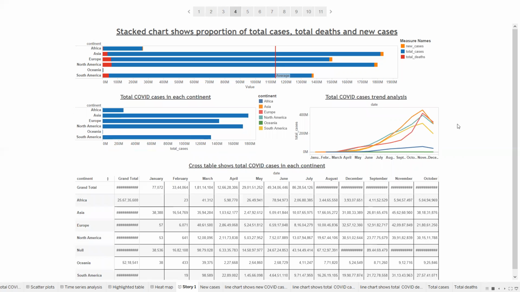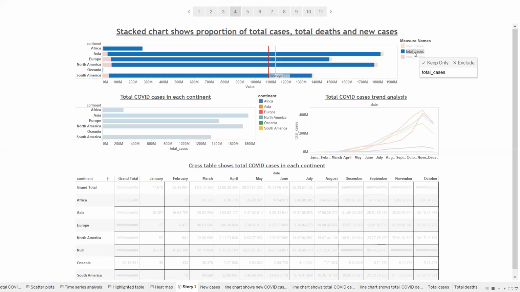Now here we're going to analyze the total COVID cases. So total COVID cases is represented by blue color here in the stack chart. So if I filter based on total COVID cases, I can see that Asia has the highest number of total COVID cases in the year 2020, followed by North America and then Europe.